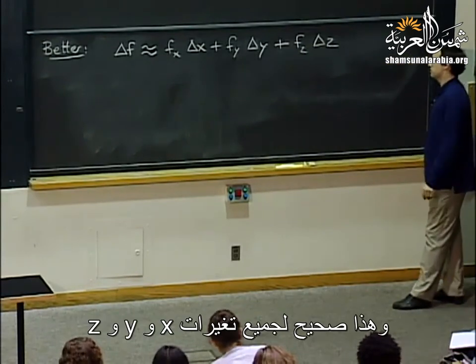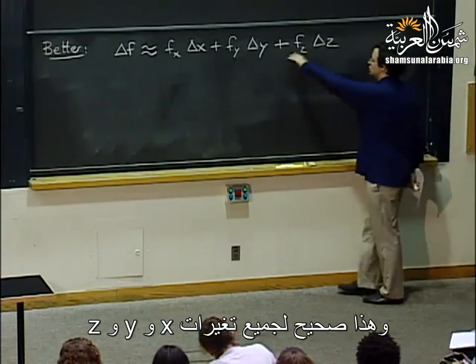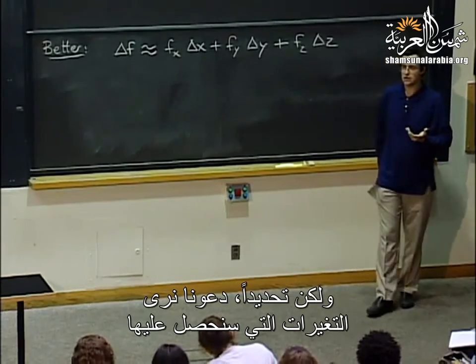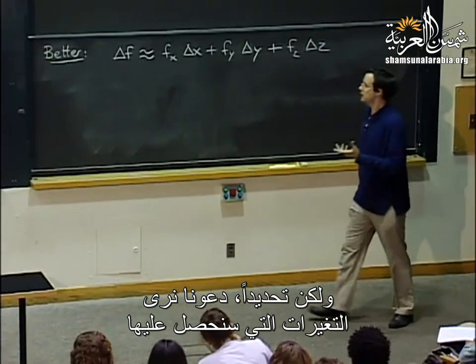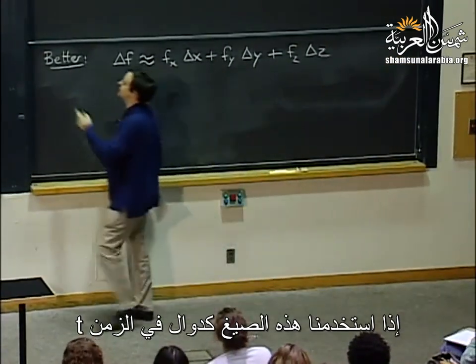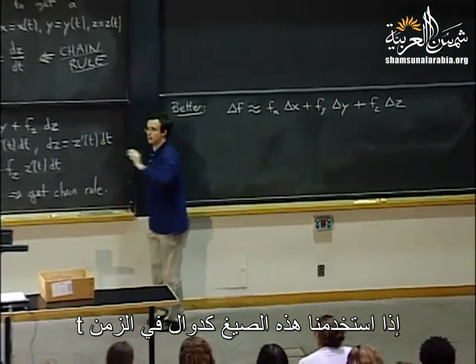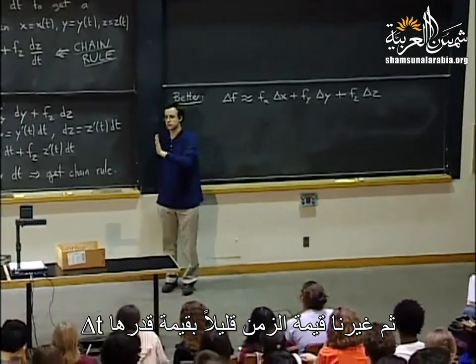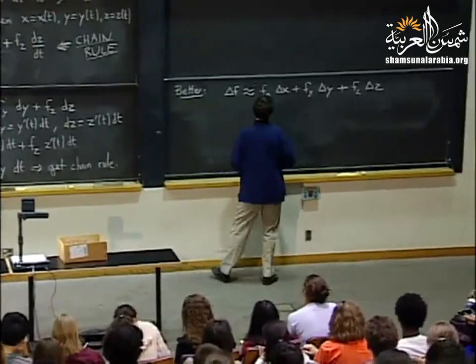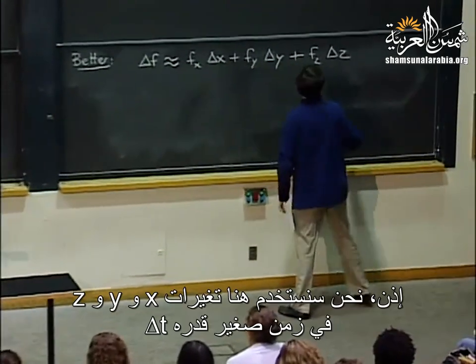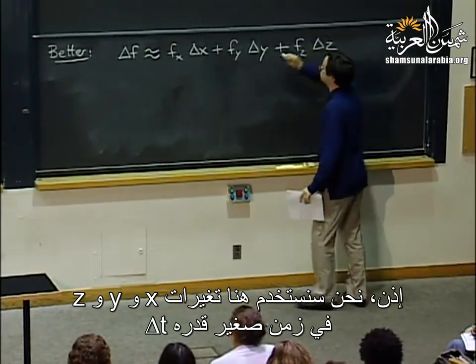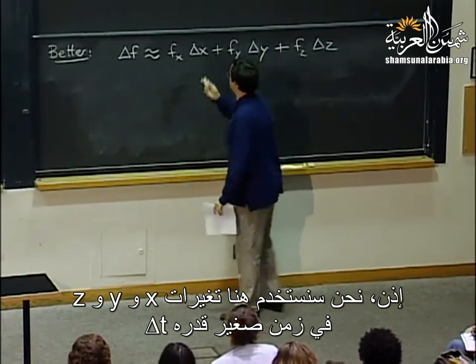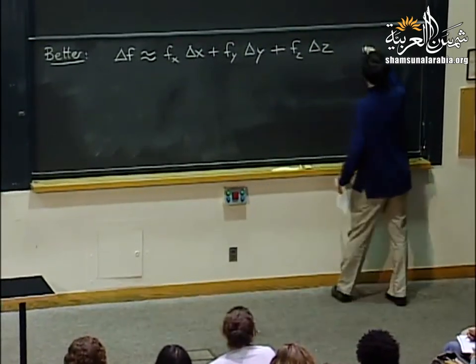Now, this is true for any changes in x, y, z, but in particular, let's look at the changes that we get if we just take these formulas as functions of time and change time a little bit by delta t. So we'll actually use the changes in x, y, z in a small time delta t.